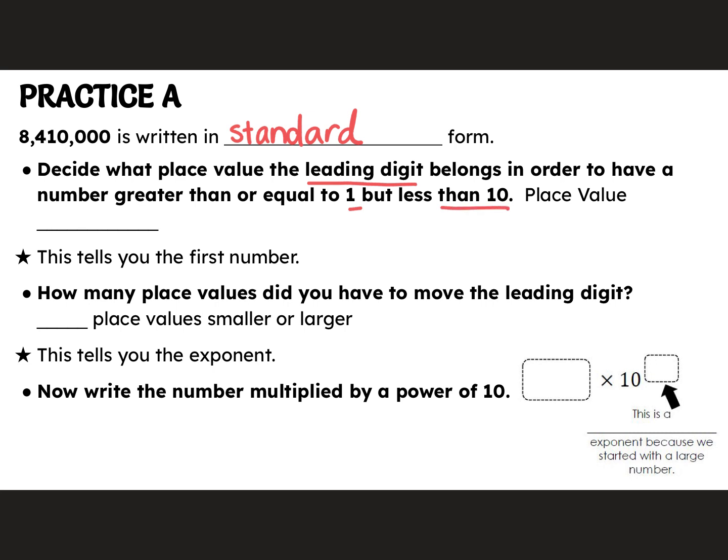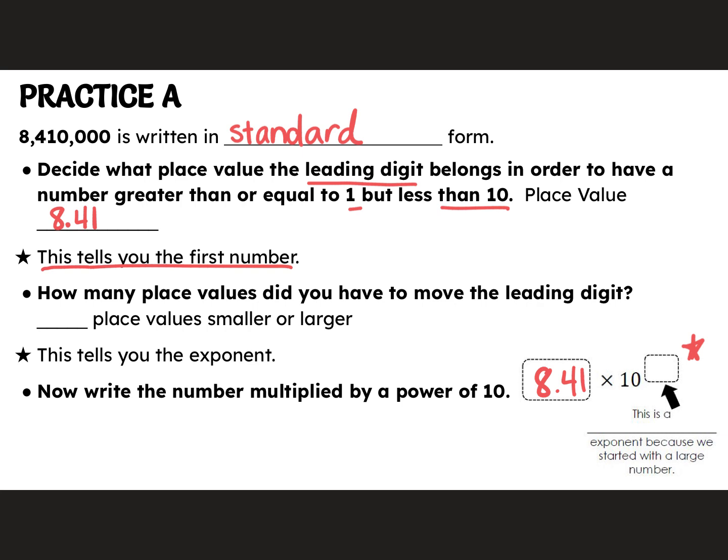So I'm taking this first leading digit, which is 8, and I'm putting it in the ones place. This will tell me that very first number in scientific notation. So I can come down here to this box and fill out that this is going to be 8 and 41/100ths. Now I need to figure out what goes in as my exponent.